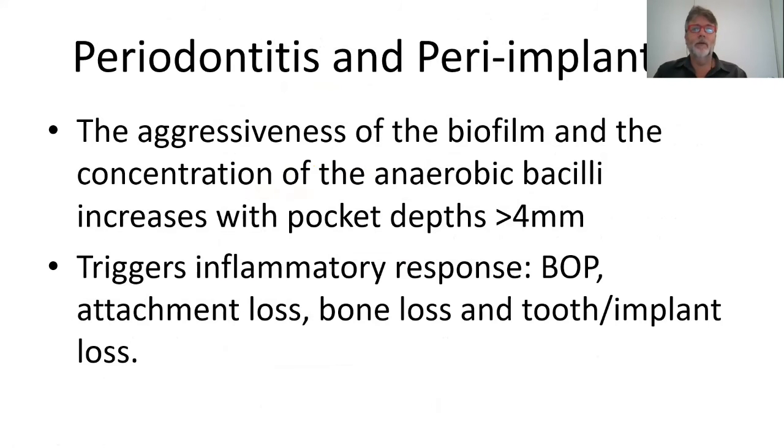So with periodontitis and peri-implantitis, the aggressiveness of the biofilm and the concentration of anaerobic bacilli increases with pocket depth. So the deeper the pocket that you have, either around a tooth or around an implant, the more aggressive the effects will be felt. A biofilm in a shallow pocket will have a less aggressive effect than a biofilm in a deep pocket.